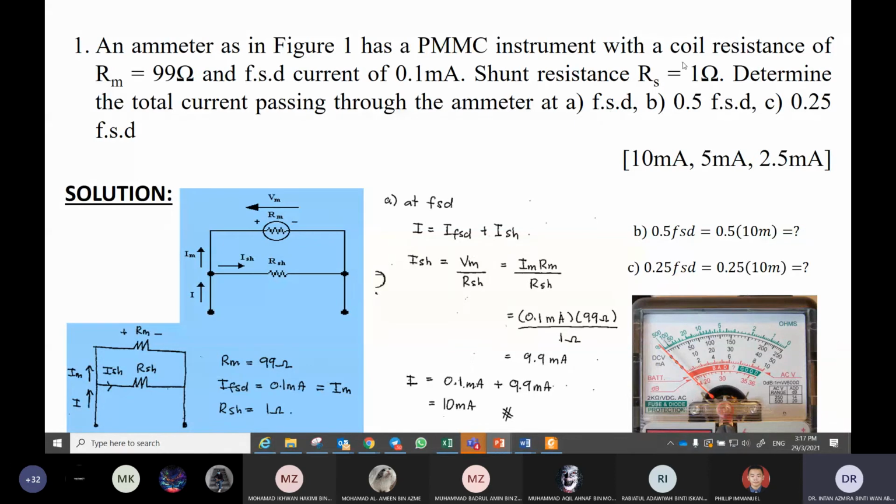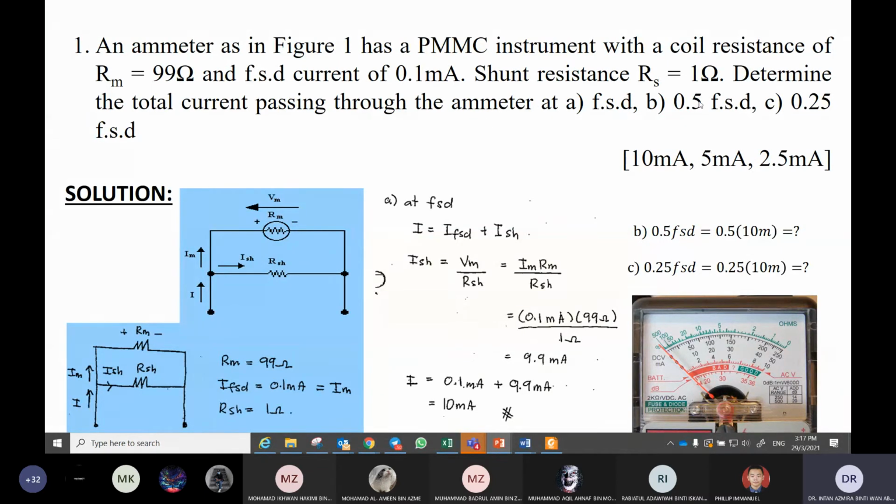Determine the total current when this needle can deflect at 100%. So this is 0 at 0, no deflection. For full scale deflection, meaning full scale of range, how much is the current? The range of the current.